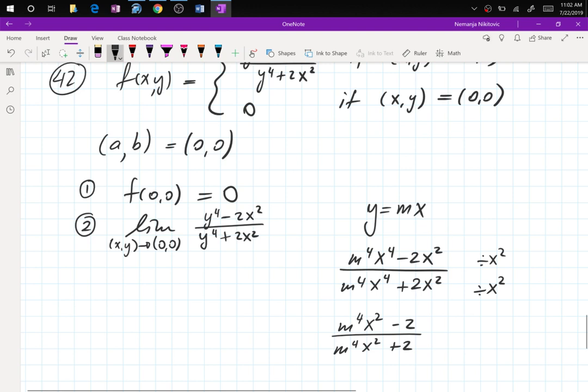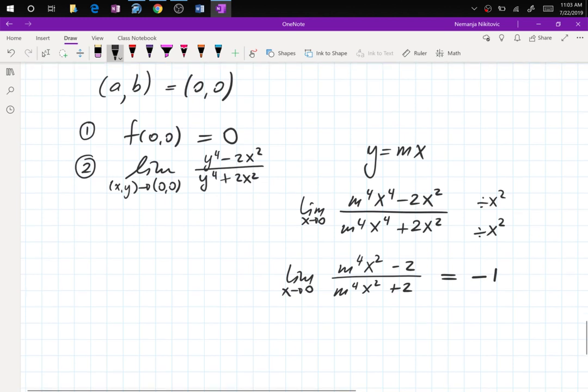And x goes to 0, so there is a limit as x goes to 0 in front. We have the m terms die, and you just get -1. And this is good enough for us to break the whole thing.